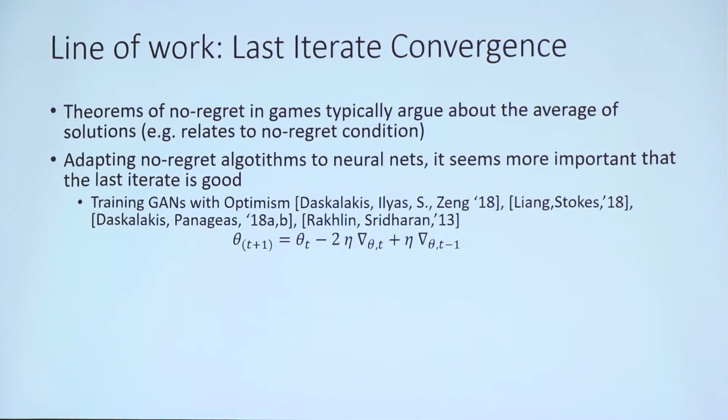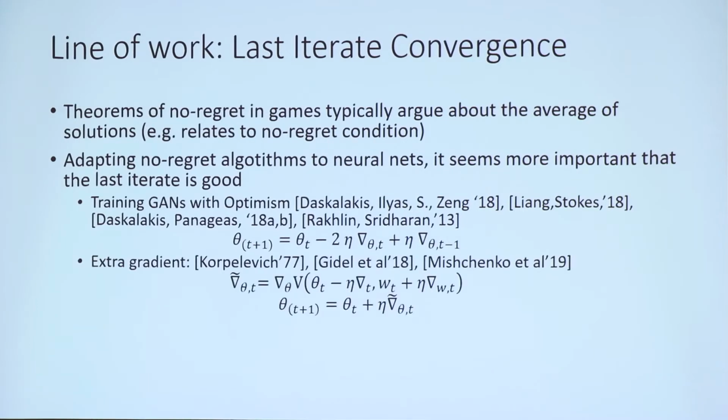This is actually the intuition behind another algorithm that we didn't know about when we wrote this paper, but which dates back to very early work in solving variational inequalities by Korpelevich. It does something similar, not exactly that: you take a gradient step, look where you ended up for both players, take another gradient step from there, and apply that gradient to your original solution.